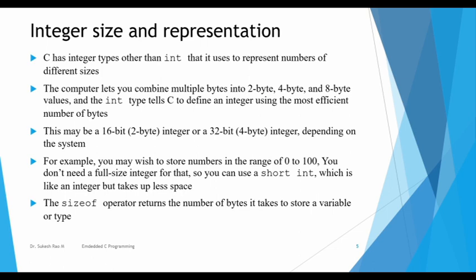C has integer types other than int. There are long and short and so on, and when we do some computation, we use the data types declared for a 2 byte, a 4 byte, or an 8 byte data.